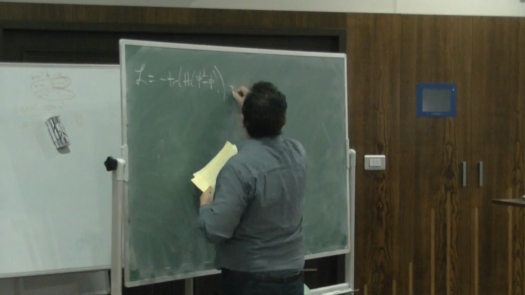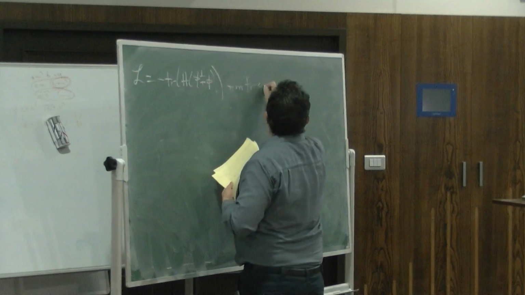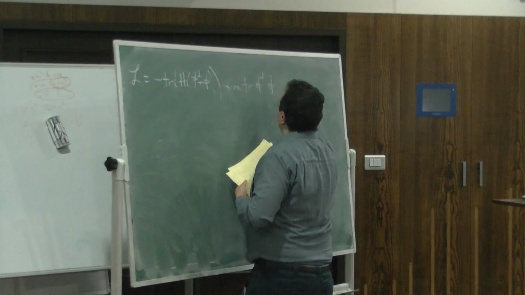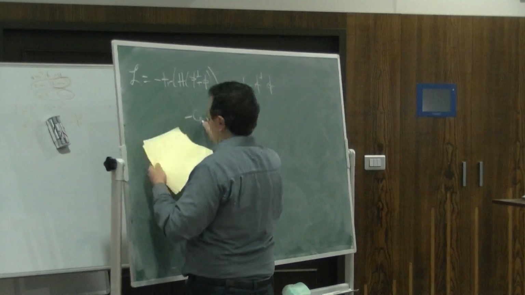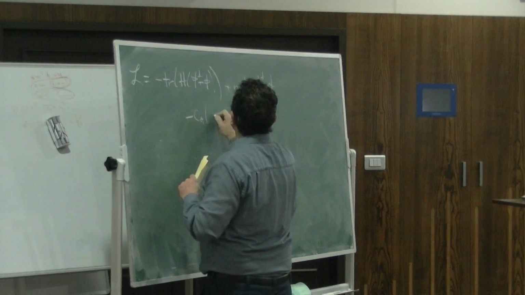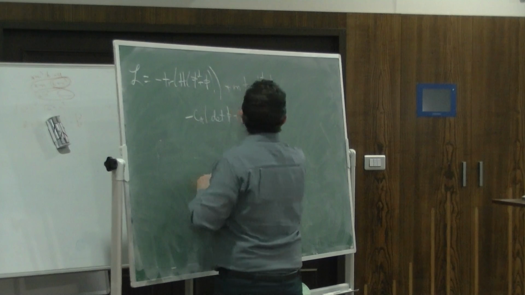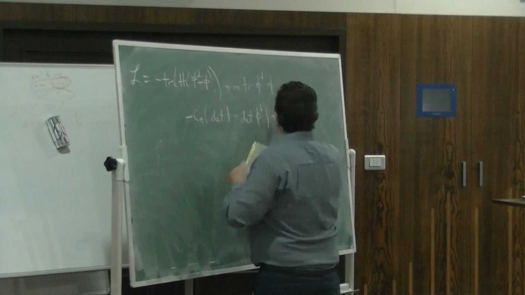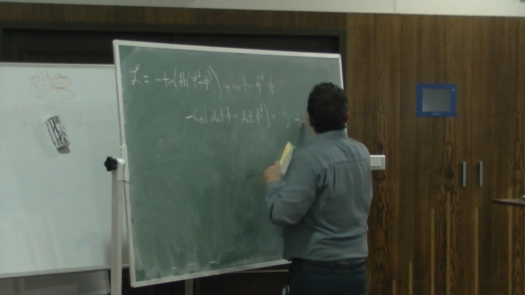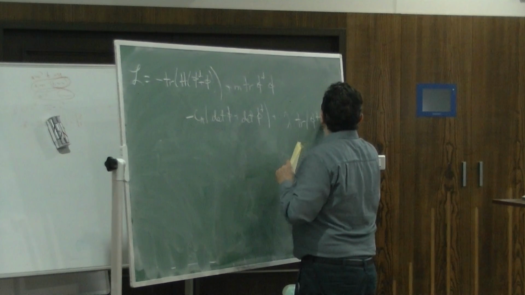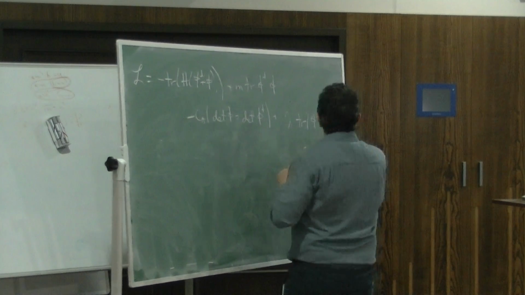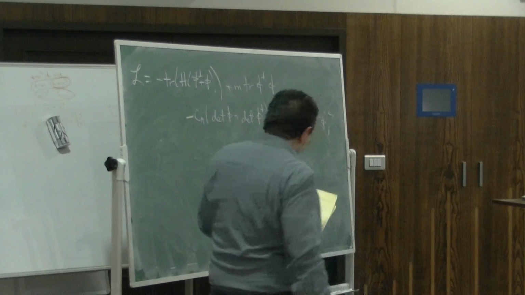You have a mass term, you have an anomaly term, and then, somewhat easy, I said just take one term, although it doesn't really matter, as we'll see.